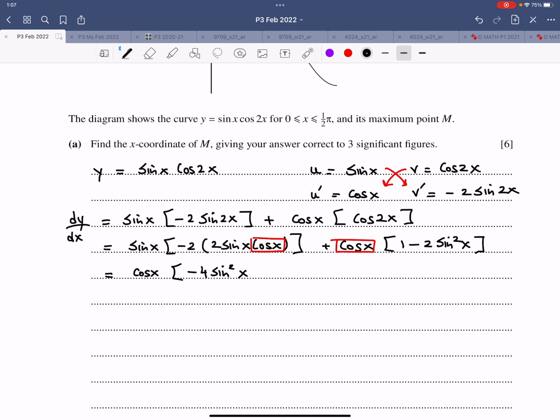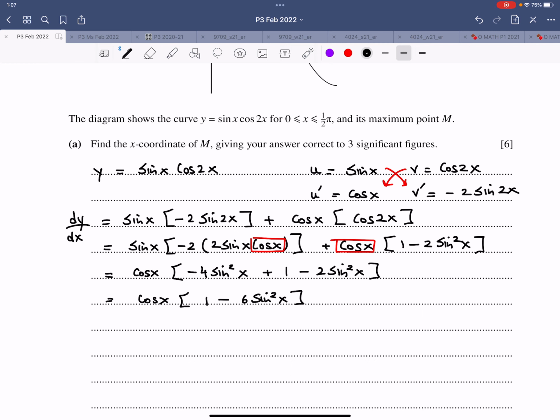And over here, this is 1 minus 2 sine square x. I think that goes pretty well. So now when I open up the brackets, you will get cosine x times 1 minus 6 sine square x.